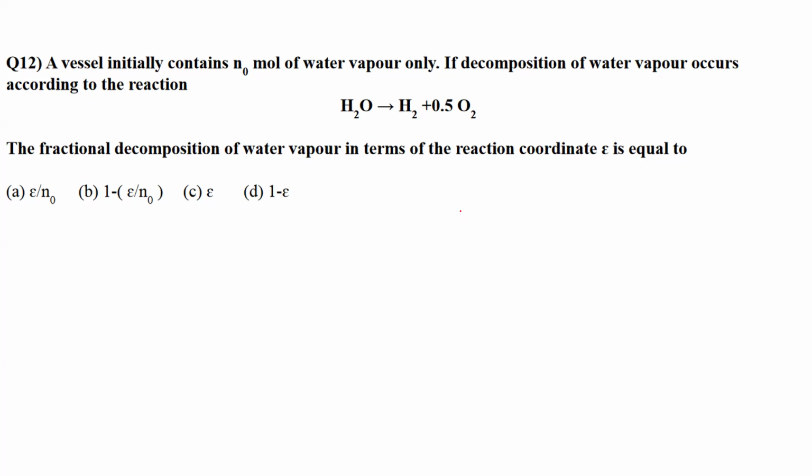We generally give yi equal to ni by n, equal to ni naught plus nu i epsilon by n naught plus mu epsilon. Here mu is equal to minus 1 plus 1 plus 0.5, equal to 0.5.